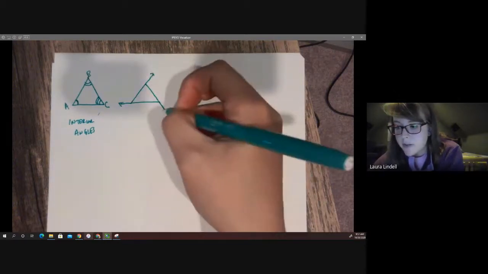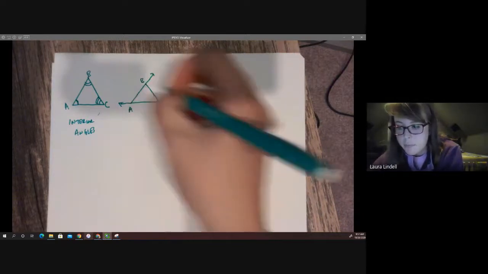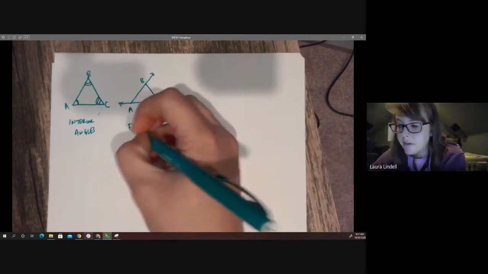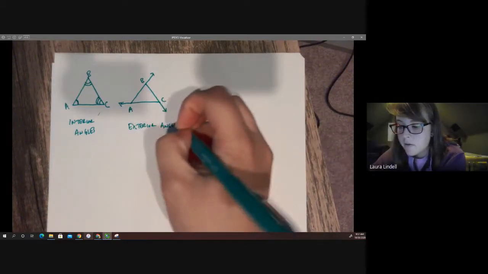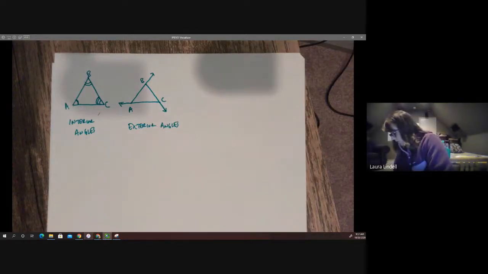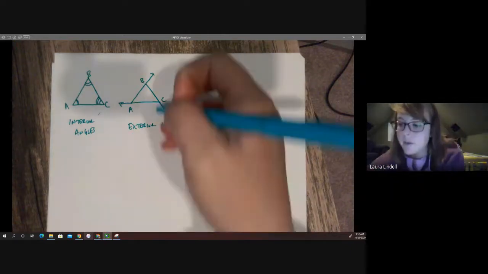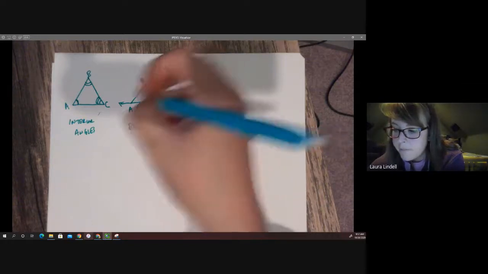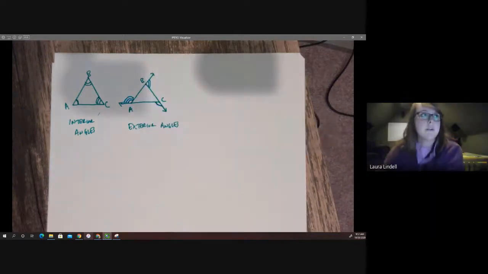If we have a picture like this, you can still have A, B, and C. We're going to talk about exterior angles here. Exterior angles are the angles that are outside the triangle, like right here, here, and here.